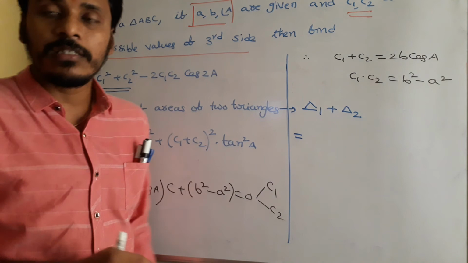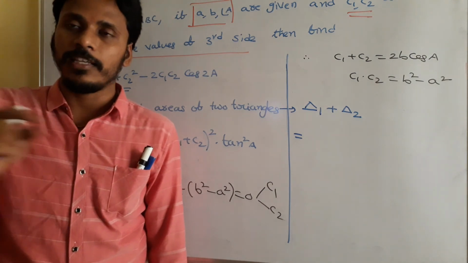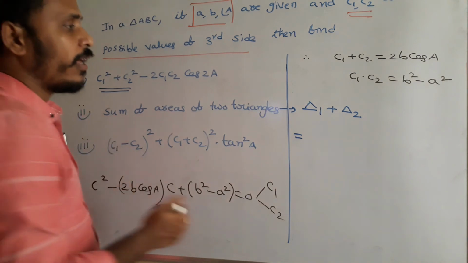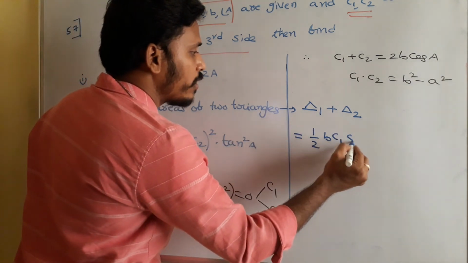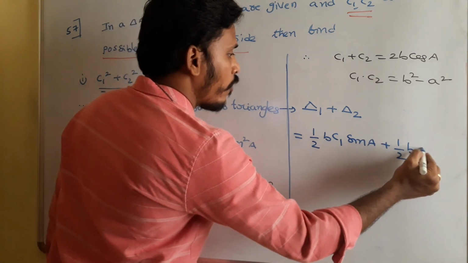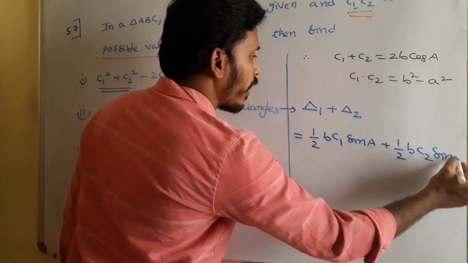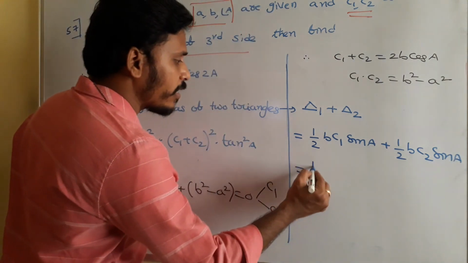Area of a triangle is two sides with the included angle: half AB sin C, half BC sin A, like that. Here the area of the first triangle is half B C1 sin A, plus the second triangle is half B C2 sin A. So from there it is very clear that half B sin A is a common thing.